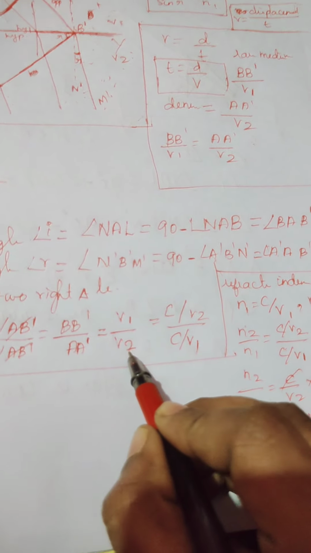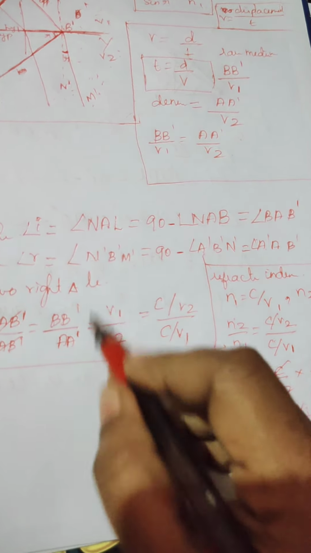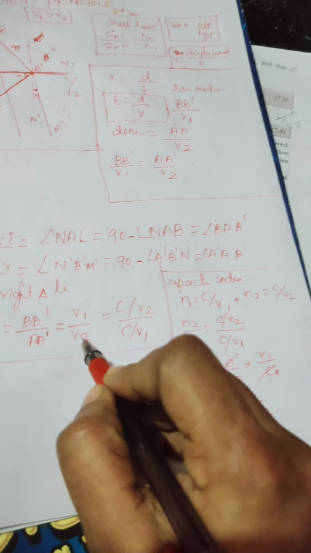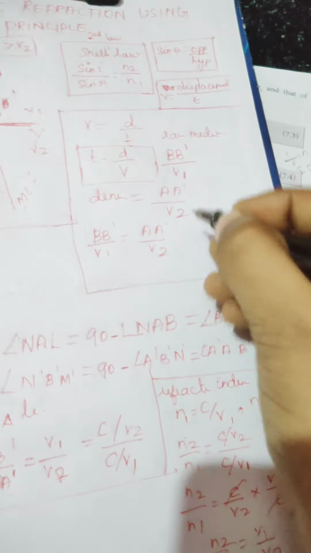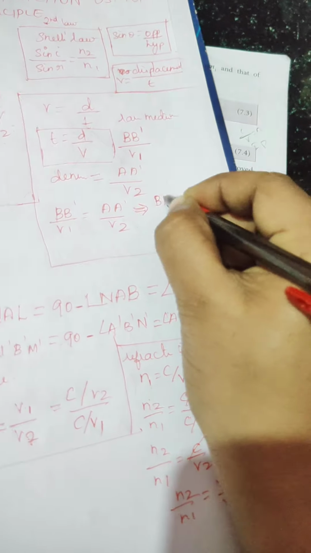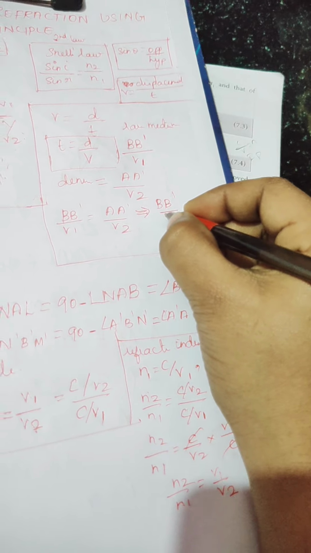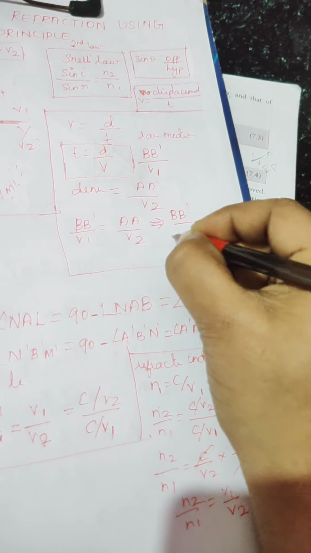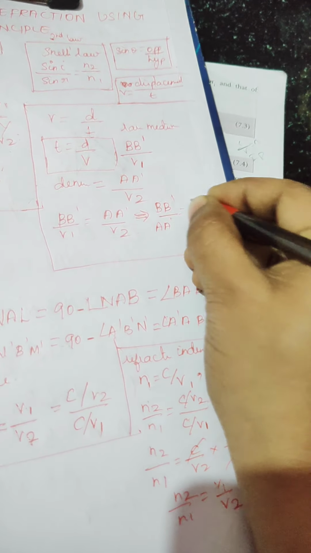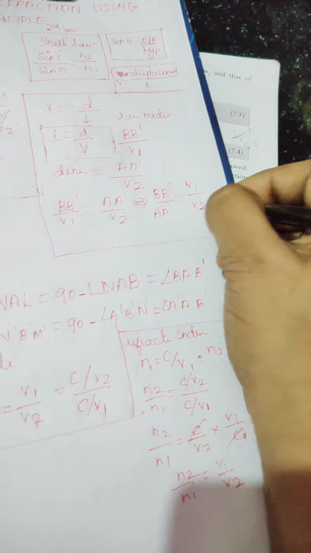Why I have written V1 by V2: see here, I am changing this equation into B dash divided by A dash, so you will have V1 by V2.